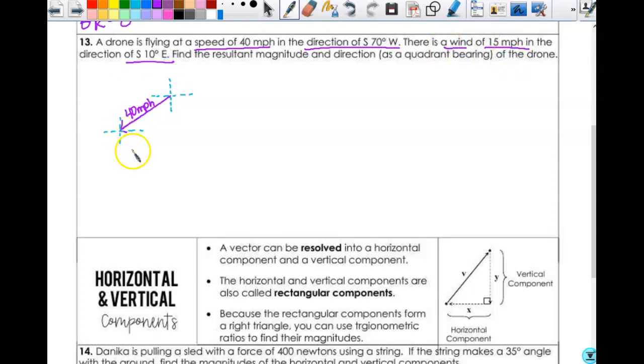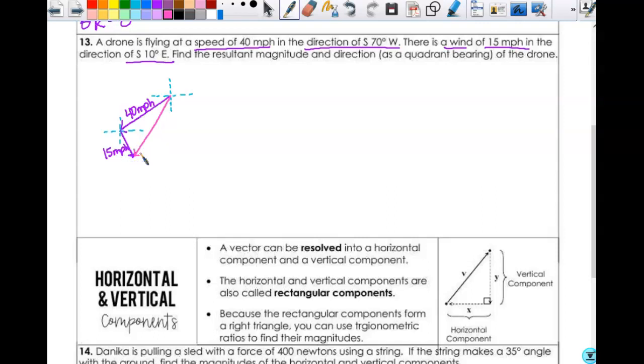So south 10 degrees east, it's right here, and that is 15 miles per hour. So my resultant vector would look like this. And then I have to figure out my angles in terms of theta so I can use them mathematically.